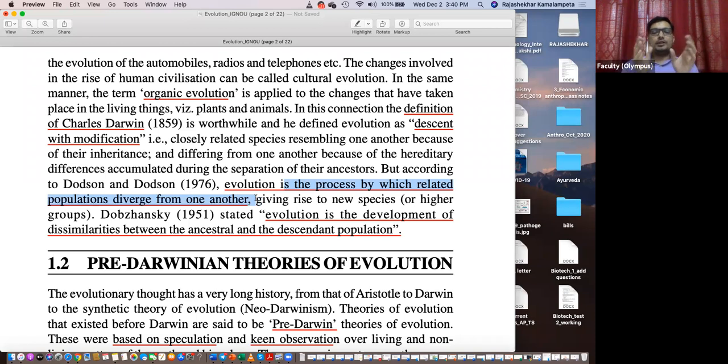Two similar populations, but they change in a different way, so they become something else eventually. So if we have A and B, two populations which are similar, A may eventually become D and B will eventually become F. So this can be called evolution. In the initial times, the 1970s, they talked about this.